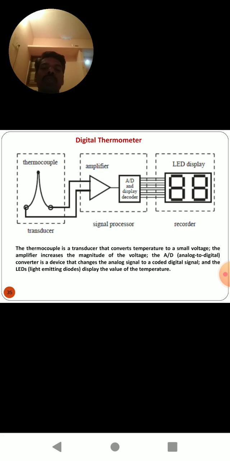The analog to digital converter is a device that changes the analog signal to a coded digital signal in the signal processing unit, and the LEDs display the digital values of the temperature measured from the thermocouple unit.